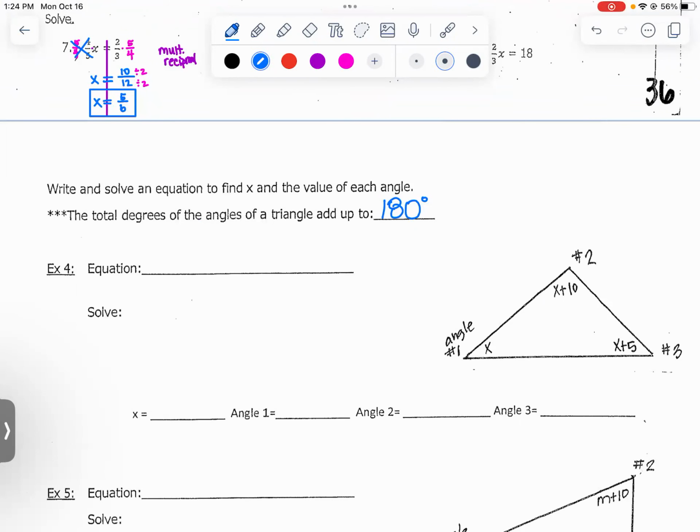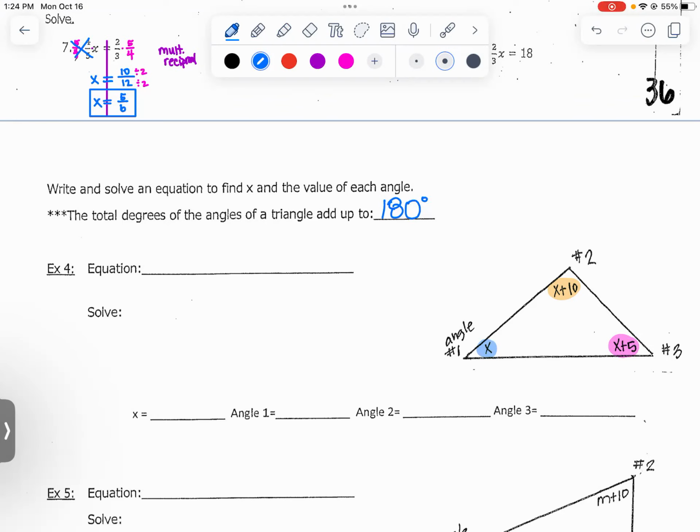Okay, so look right here. Angle 1 is x. Angle 2 is x plus 10. Angle 3 is x plus 5. What do the 3 angles add up to be? It says it right here. 180.